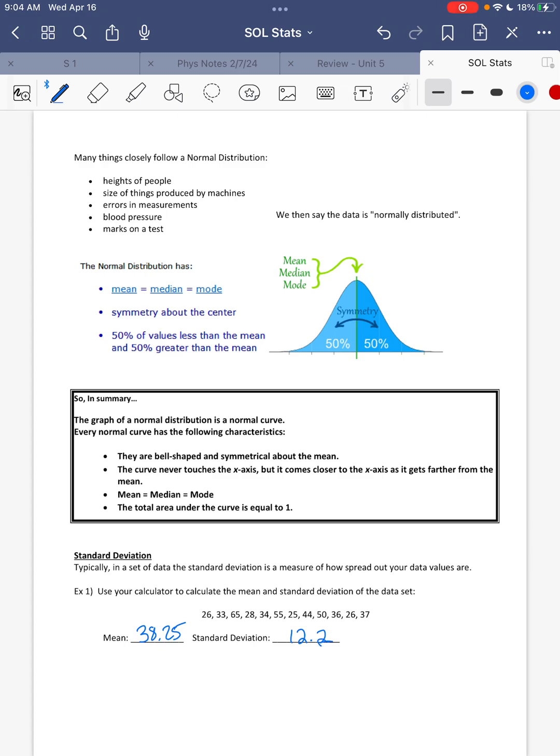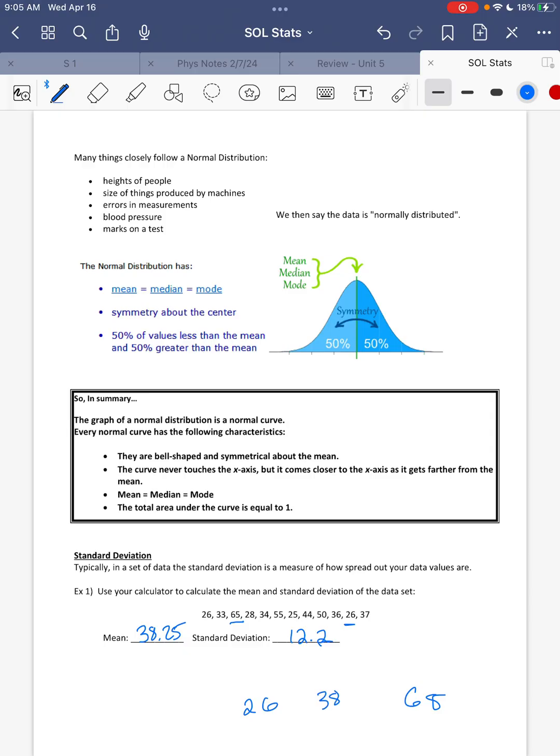All right, so look at this data. The smallest number up here is 26, and the largest looks to be about 65. So this data goes anywhere from 26 to 65, and the center of it is about 38.